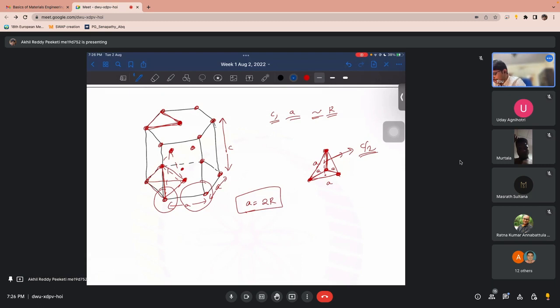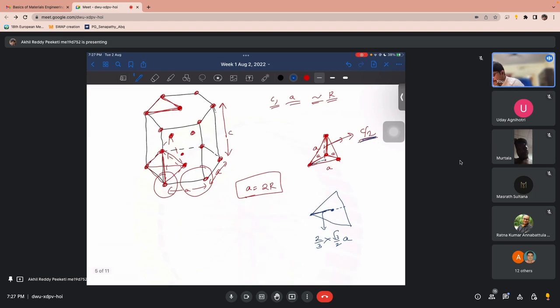Now to get the C, if you see the triangle, the direct projection of the C would be at the centroid of the triangle. So the location of the centroid would be 2/3 of the height of the triangle.